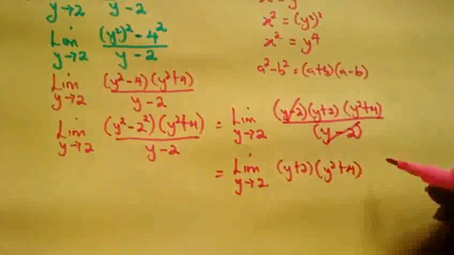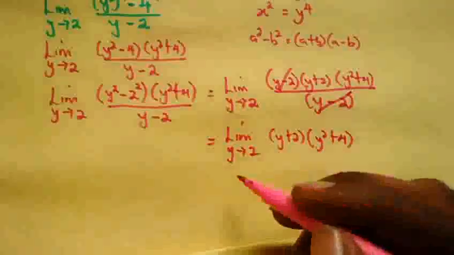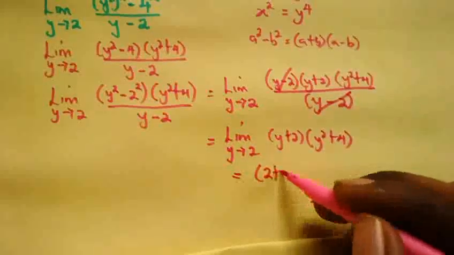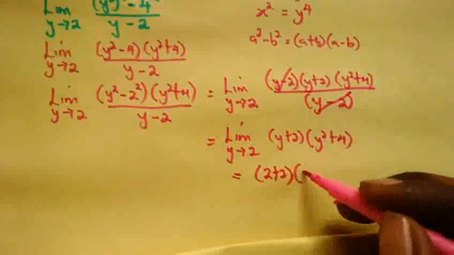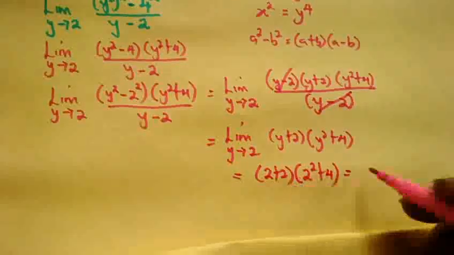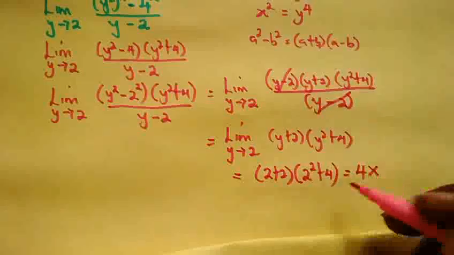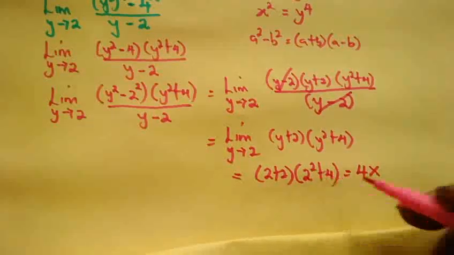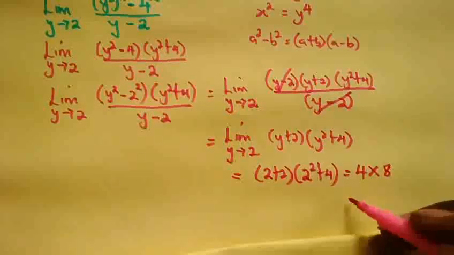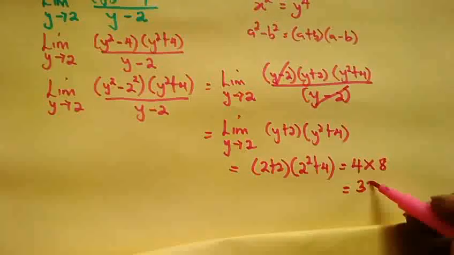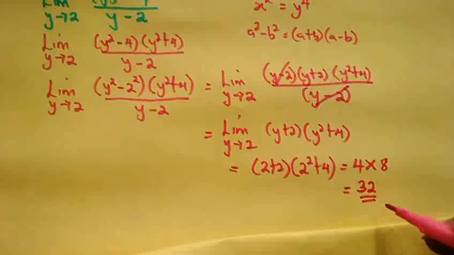Now make a direct substitution here, so we have this equal to, y is approaching 2, so we have 2 plus 2 open bracket, 2 squared plus 4. This is equal to 2 plus 2, which is 4, times, 2 squared here is 4, then 4 plus 4 is 8. This is equal to 4 times 8, so we get 32, and this is the right answer to the problem.